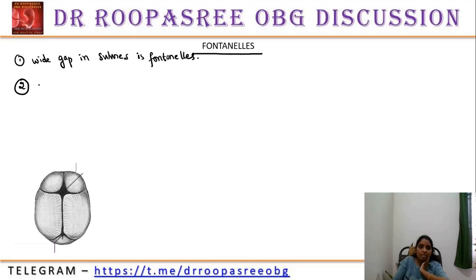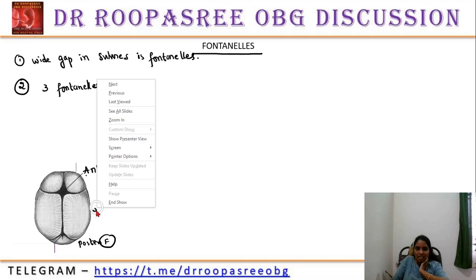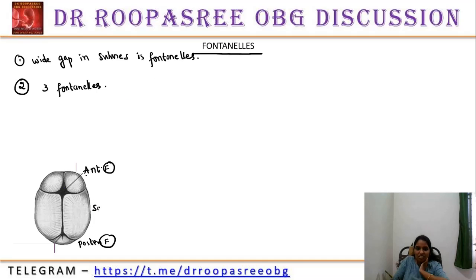Okay, there are two important ones. Actually three. Three fontanelles. Okay. See, this is the anterior fontanelle. This is the posterior fontanelle. And the other is just the sagittal fontanelle. It is not of much clinical importance.